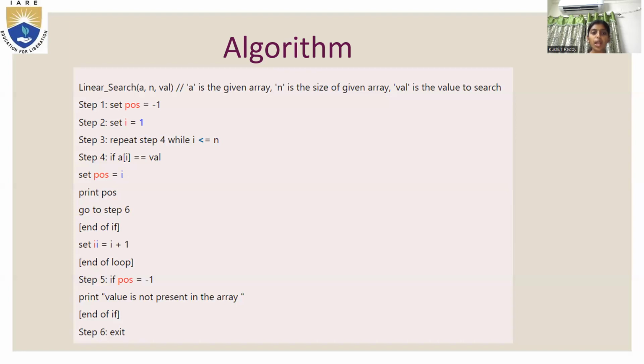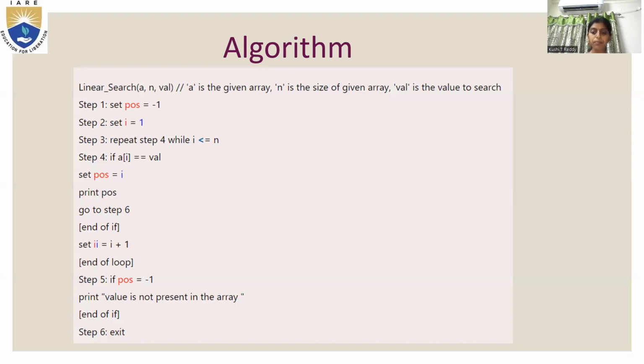Set i = i + 1 and end the loop. Step 5: if pos = -1, print "value is not present in the array". Step 6: exit. So this is the algorithm of the program for linear search or sequential search.